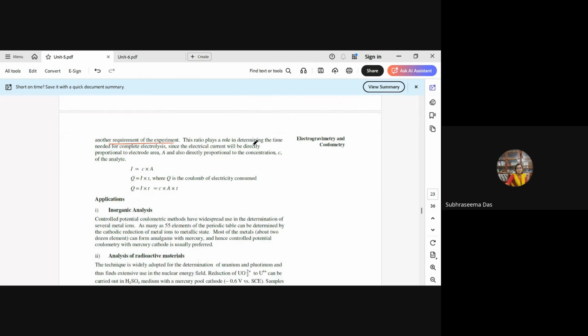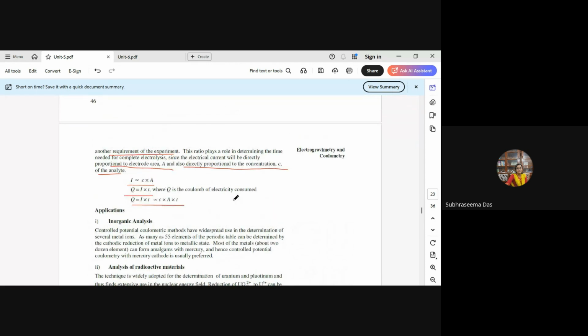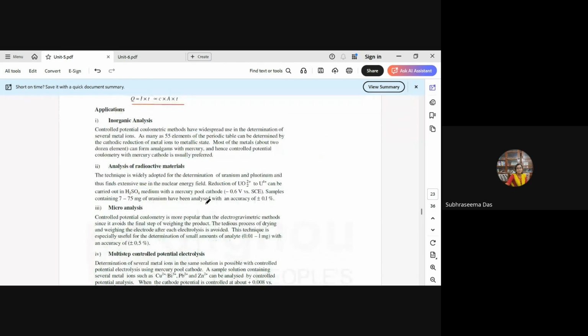Since the electrical current is directly proportional to the electrode area and also directly proportional to the concentration C of the analyte, we can write I is directly proportional to C into A. We know that Q is equal to I into T. So this implies Q is directly proportional to C into A into T. So this is the overall dependence of different factors in potentiostatic coulometry.